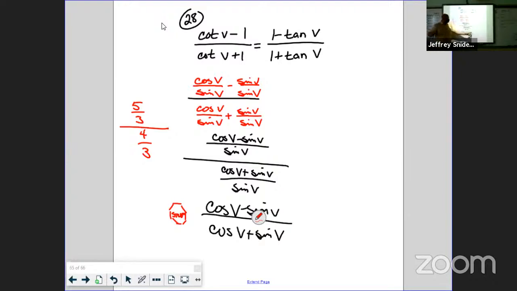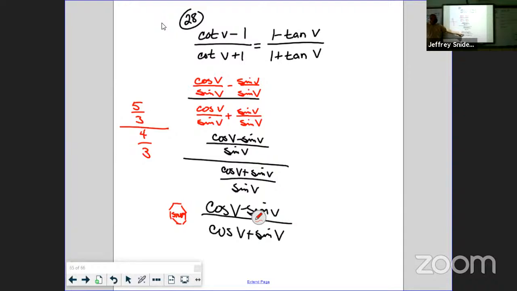I'll go the same way and see if it'll look like this when I'm done. Except this would be what? I'd make this sine over cosine, and this would be cosine over cosine. So now, instead of continuing with this one, why not turn this one into sines and cosines and try to get the same? You're allowed to do that.